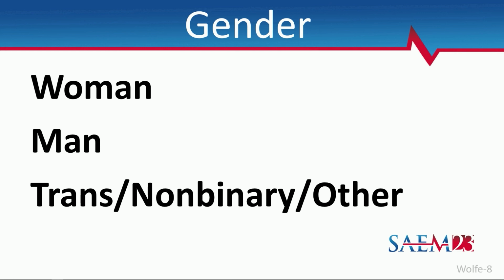Find out what other people have already done to ask these questions accurately, because it's not as easy as just saying to a patient, are you transgender? Because you could have somebody who was biologically identified as a female at birth and who is now identifying as a man, and they may not include themselves in that transgender category because they don't consider themselves transgender, they consider themselves a man.